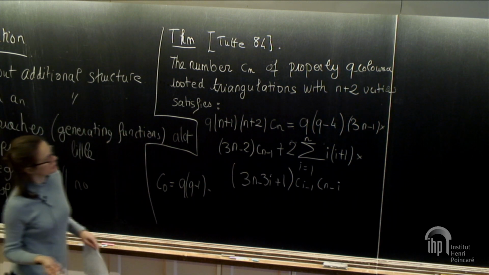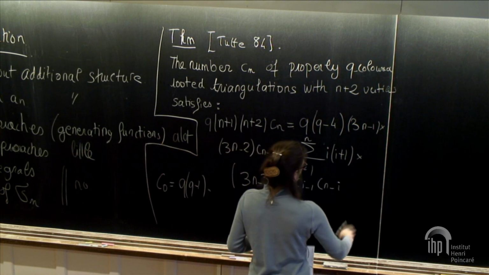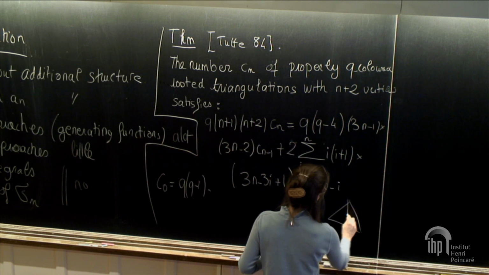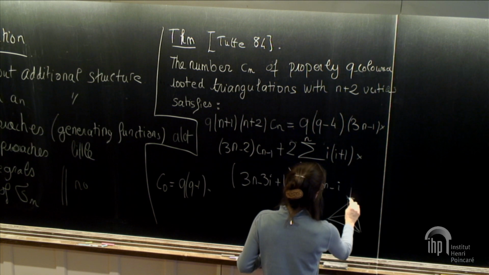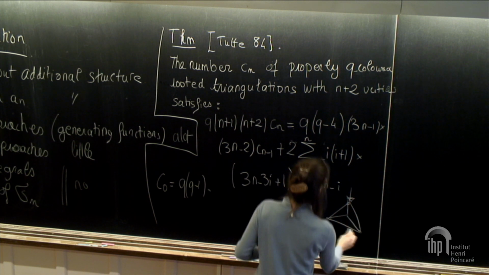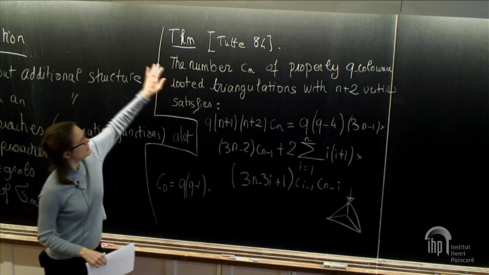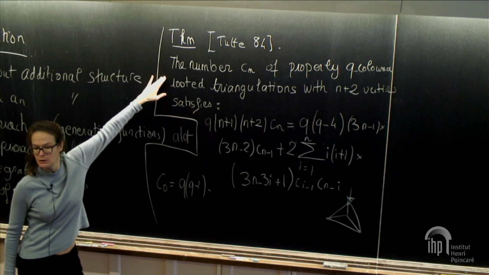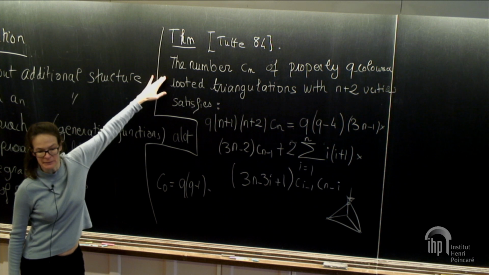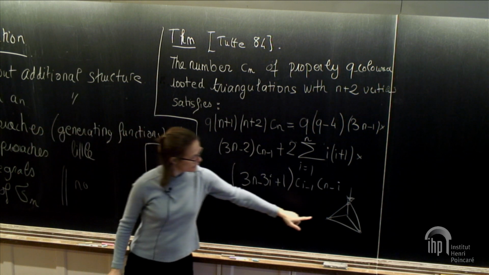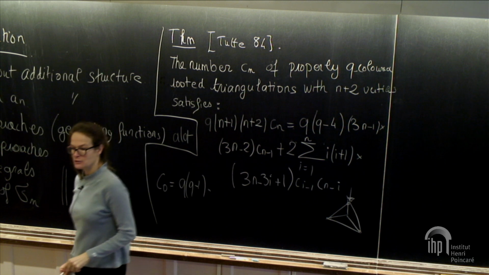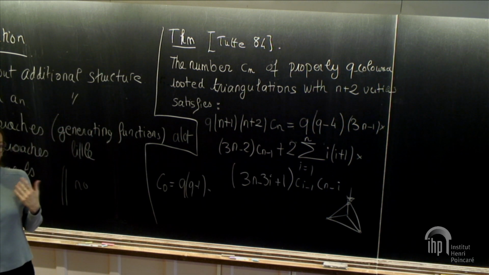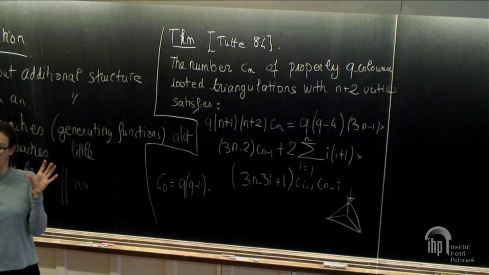So what does it mean? We'll see just in a few minutes what a rooted triangulation looks like. In this theorem, you have a parameter Q, which is some positive integer, and it's the number of colors you are allowed to use to color the vertices of your triangulations in a proper way, which means that if you have two adjacent vertices, they are not allowed to get the same color.